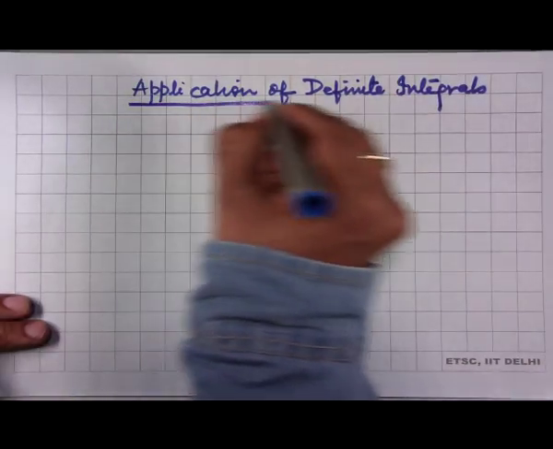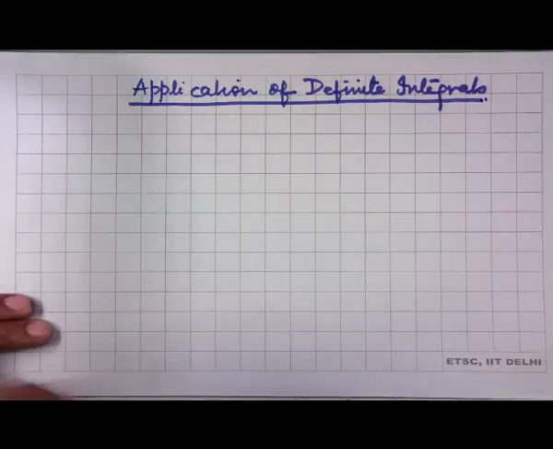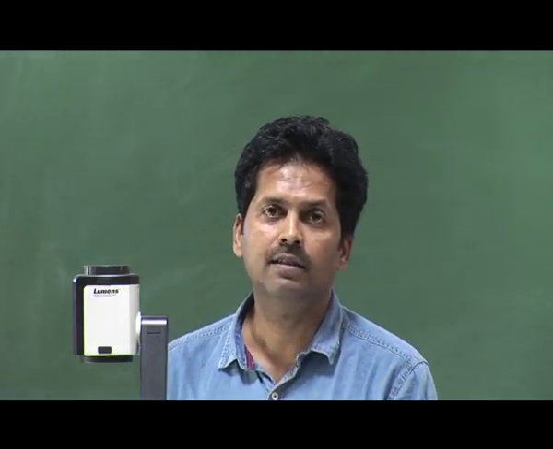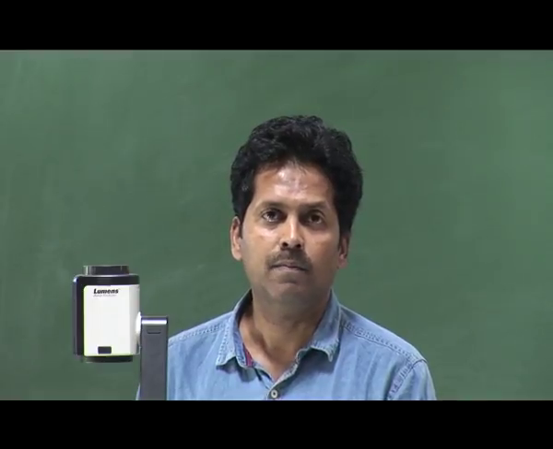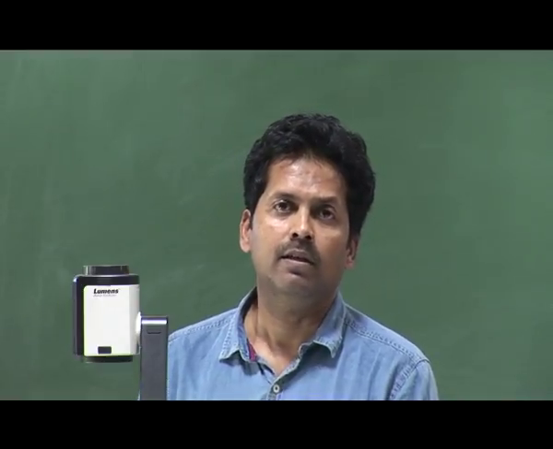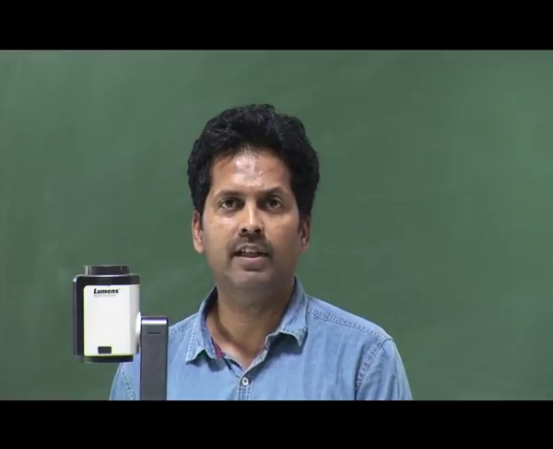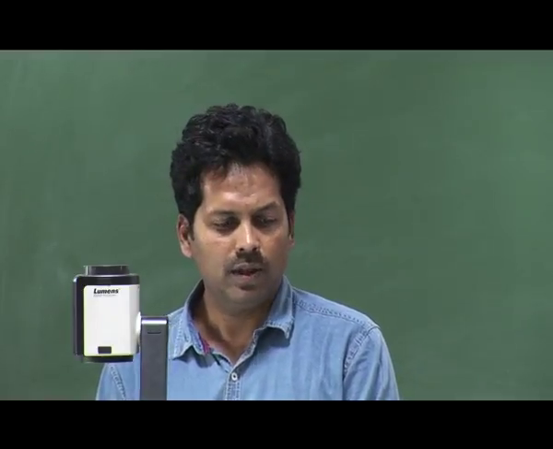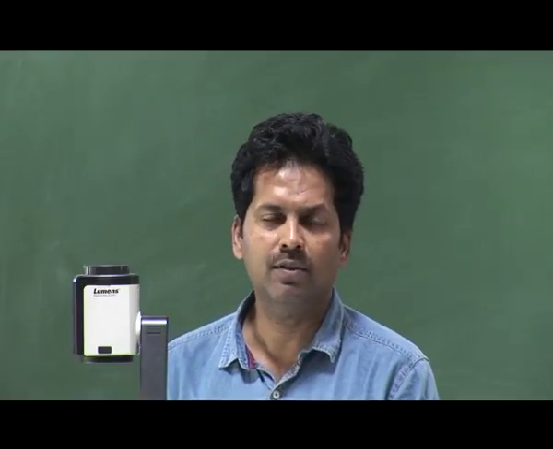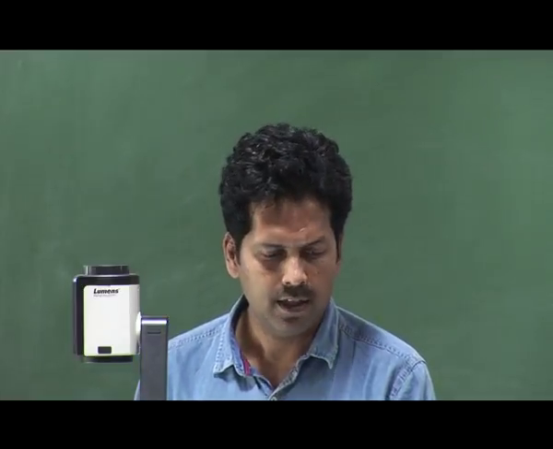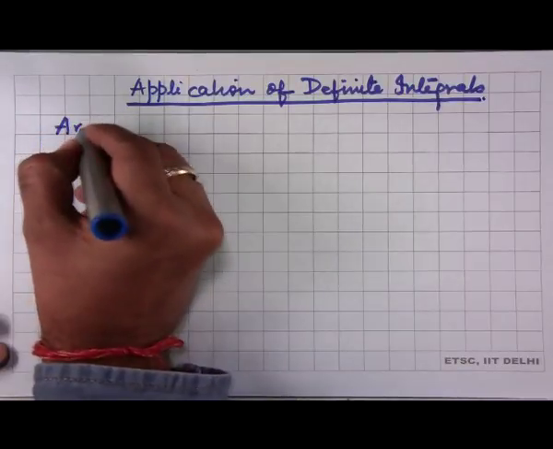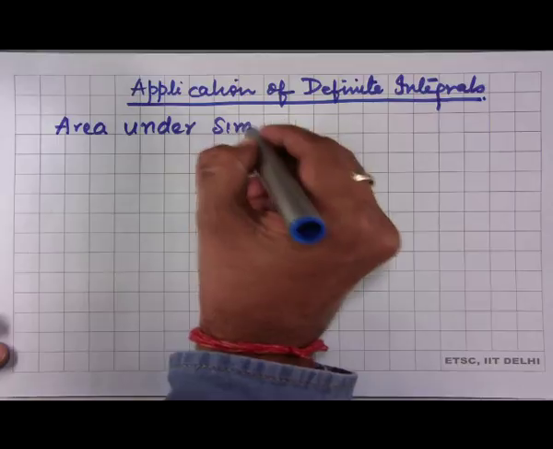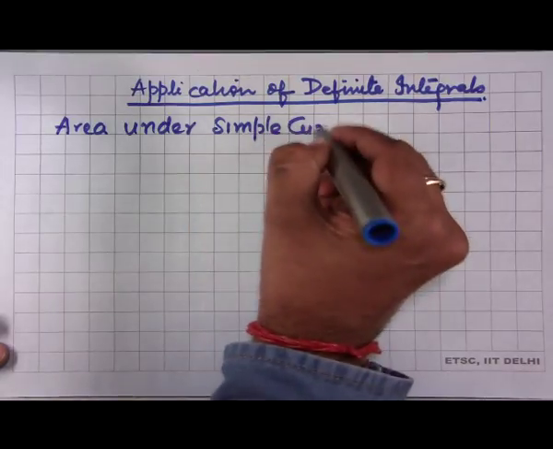In our very first lecture we have discussed several cases: area bounded between a line and a curve, area bounded between two curves, area bounded between three curves, and so on. So we shall take all these cases one by one from here onwards. Let us take area under simple curves.